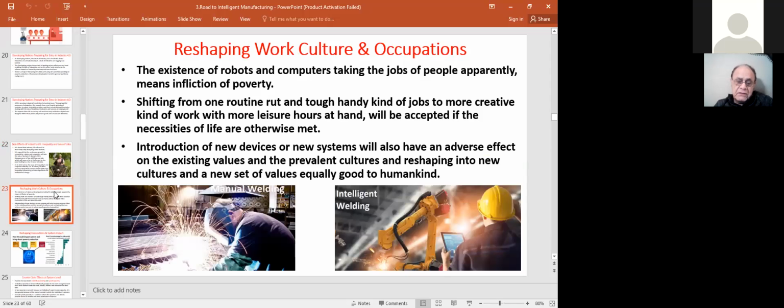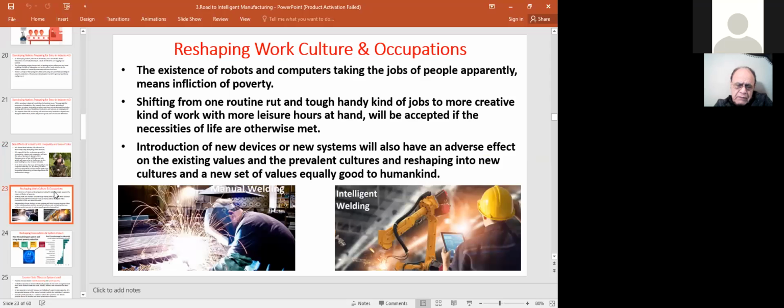Same applies to a work situation at a manufacturing floor level.